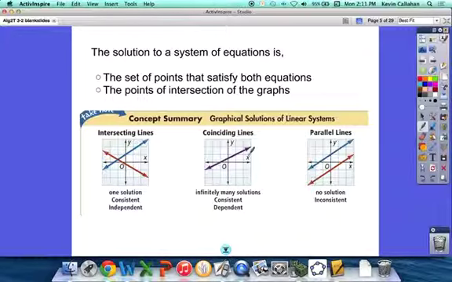So I wouldn't get worked up about these things that are underneath, but that's what consistent and independent means: there's one solution. Okay, consistent but dependent means it's the same line, and if it's inconsistent, there's no solution.